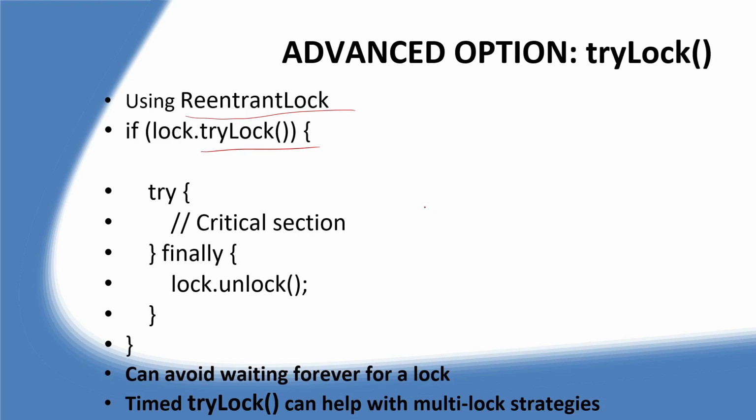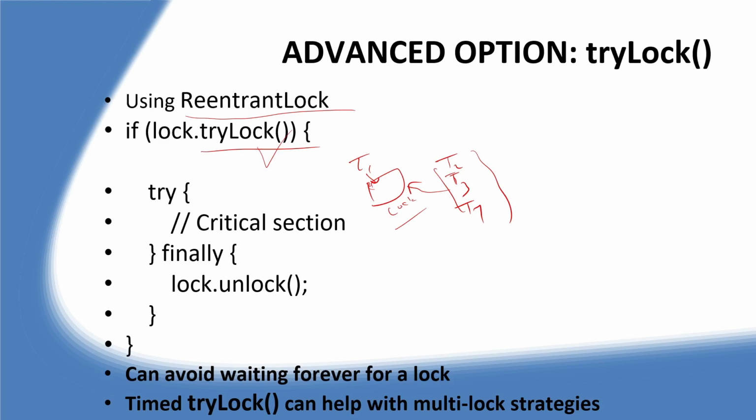That means one thread is holding the lock, and let's say multiple other threads are waiting to acquire it. Once it is released, these threads will get a chance to acquire the lock. With the tryLock method, these threads can attempt to acquire a lock instead of necessarily waiting indefinitely.